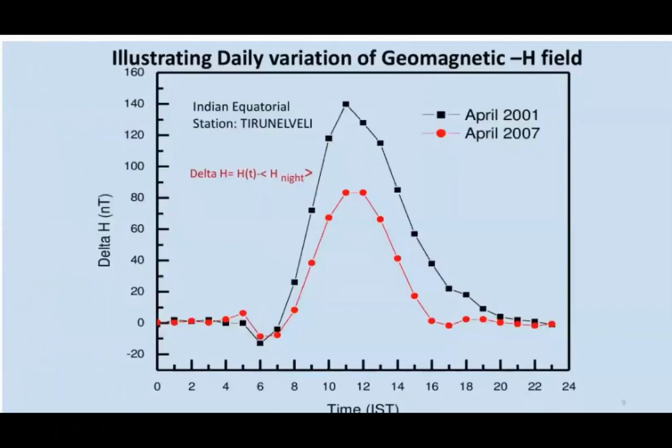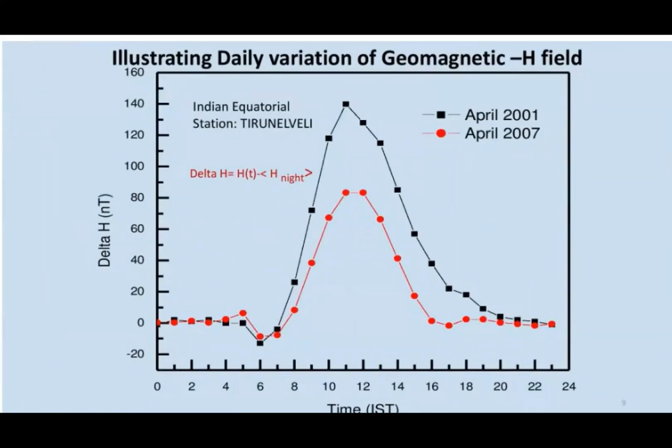Now, I will try to illustrate this a bit more clearly. This is a geomagnetic field observation, the X component, the horizontal component, from our Indian equatorial station, Tirunelveli. Here, the actual increase during the course of the day, that is the actual value at a given time t minus the nighttime value, is represented as delta H and plotted on the y-axis, and the x-axis is in Indian Standard Time.